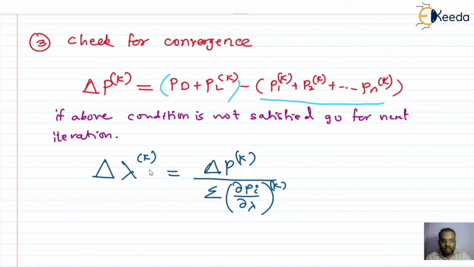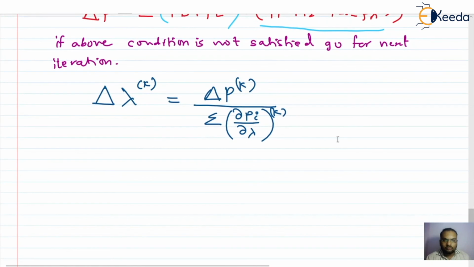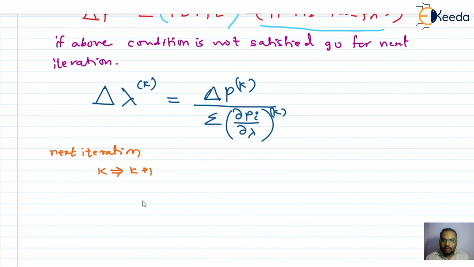Once you get this change in lambda, we have to modify the lambda value. As we are going for the next iteration, k becomes k plus 1.